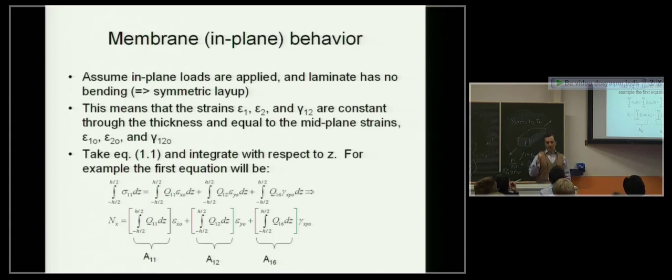What I need you to keep in mind is we have an applied load which only causes in-plane deformations. So the strains anywhere through the thickness are constant and equal to their values at the mid-plane. Traditionally we put a 0 or a naught to denote the mid-plane strains: epsilon 1, epsilon 2, and gamma 1,2.